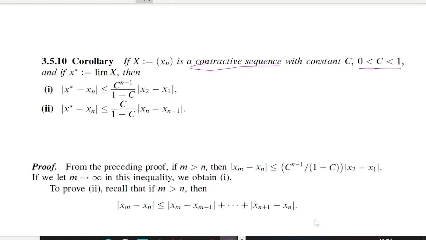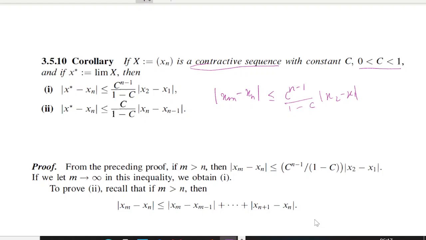From the preceding proof, if m greater than n, we have got this inequality: modulus of xm minus xn is less than or equal to c raised to n minus 1 by 1 minus c into modulus of x2 minus x1.